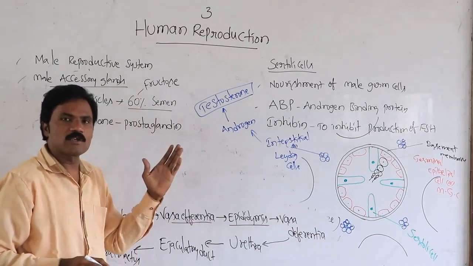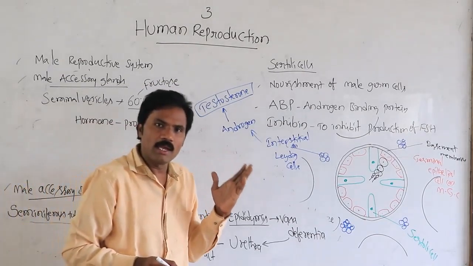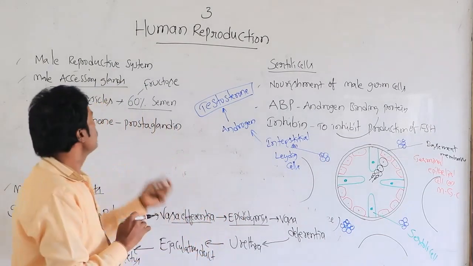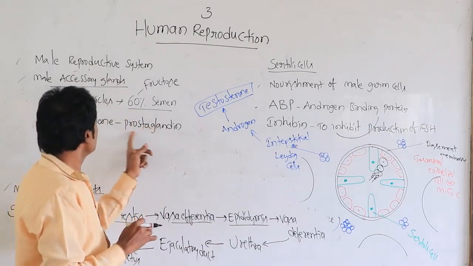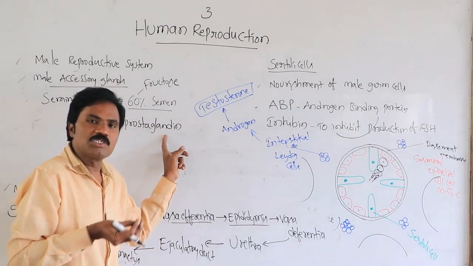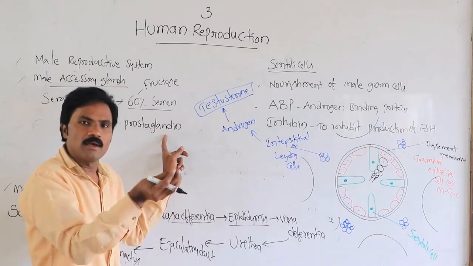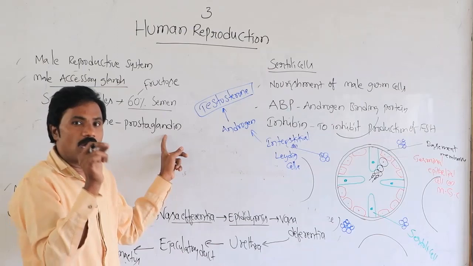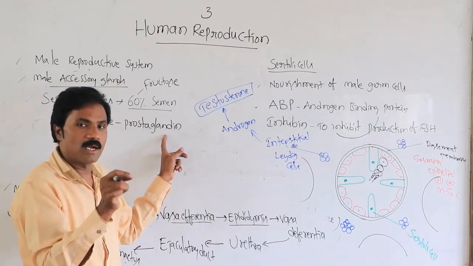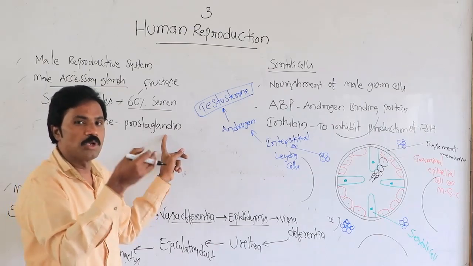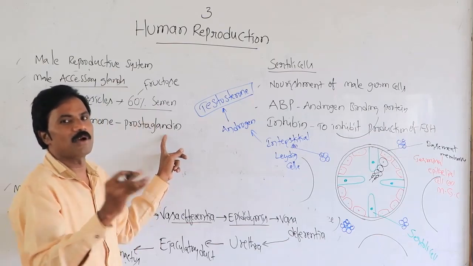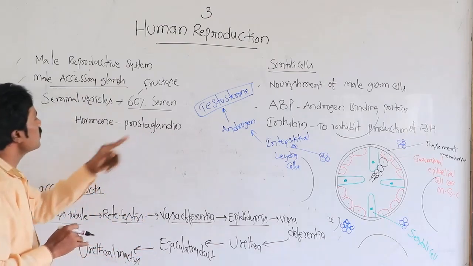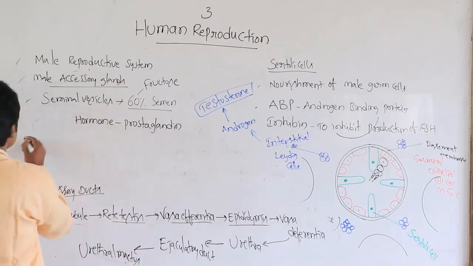What is the use of this fructose? The fructose acts as an important source of energy for the male gametes. Prostaglandin stimulates the female reproductive part, the uterus. Because at the time of travelling of the male gamete, it stimulates and promotes it to reach the female gamete at the time of copulation and fertilization. For that purpose it has an important role.